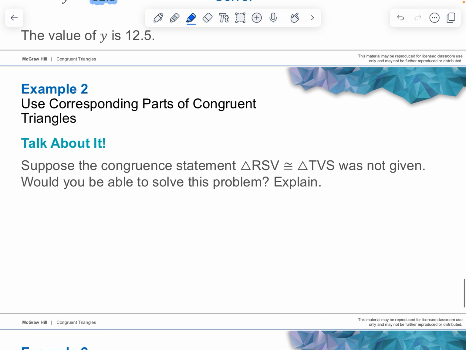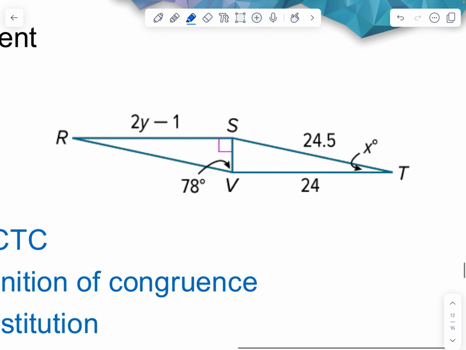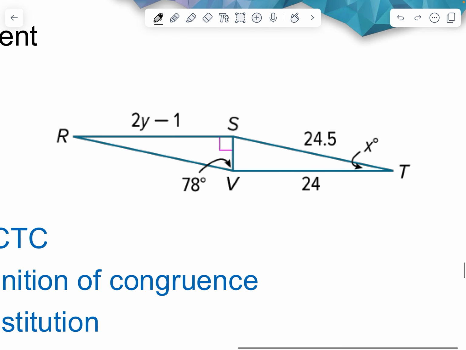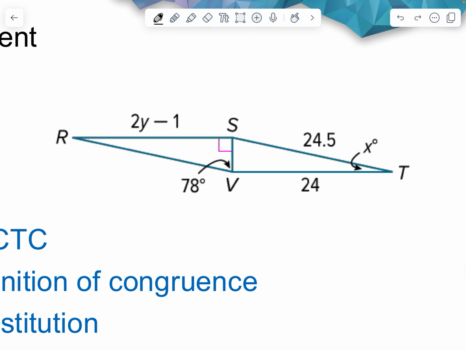All right. Okay, so what if they had not given you that the triangles were congruent? Would you be able to solve this problem? If they had not told us that this triangle was congruent to this triangle, would it be possible to solve for those? I hope you're thinking no. Because while this looks like a 90 degrees, it appears to be 90.